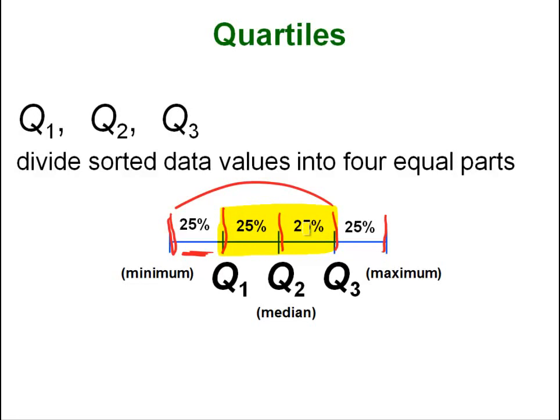And by distance, we mean how far apart are the two numbers that end up representing Q1 and Q3. I mean, we know it's 50% of our data, but what's the actual distance, right? If Q1, let's say equals 12, and Q3 equals 25, then this distance ends up being 13. That's what IQR is.